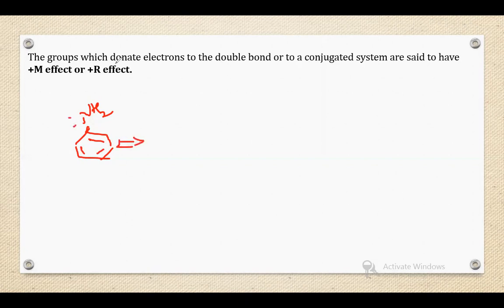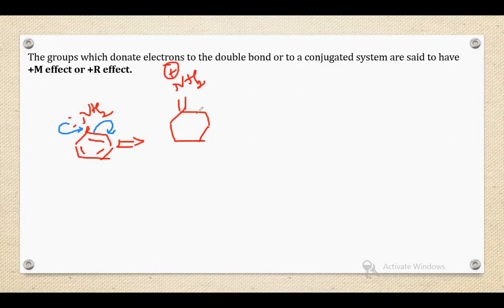If these 2 electrons shift, you need to observe carefully. This will shift here, and this double bond will become a pair of electron on the ortho position. Then we can write the double bond like this. If it forms a double bond, the pair of electrons on nitrogen, NH2, will form a positive charge because it donates an electron.